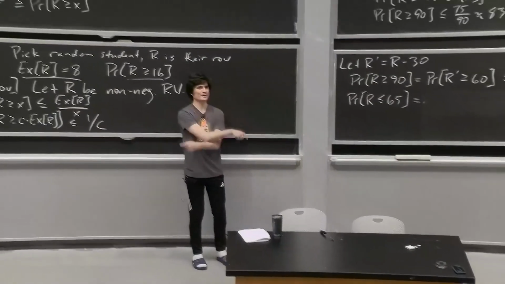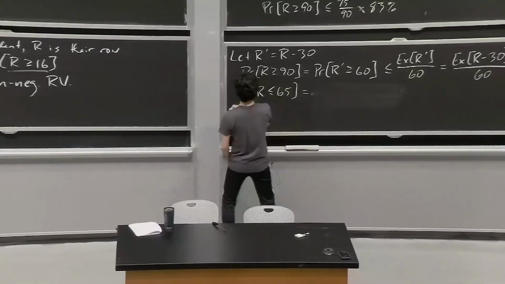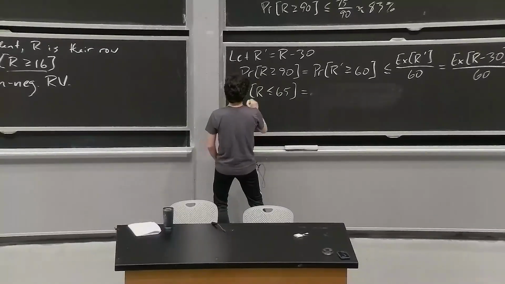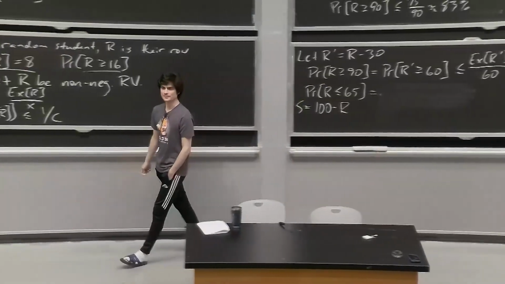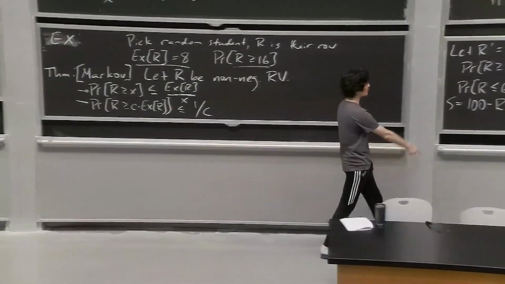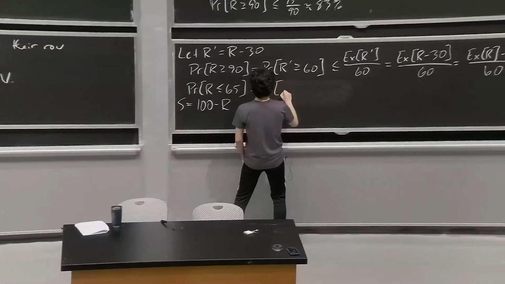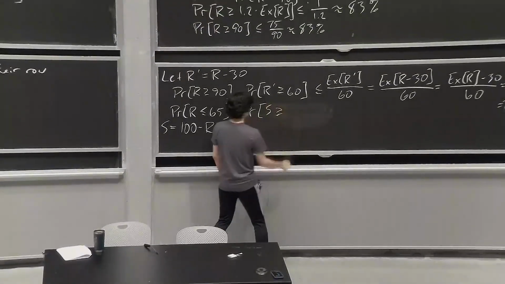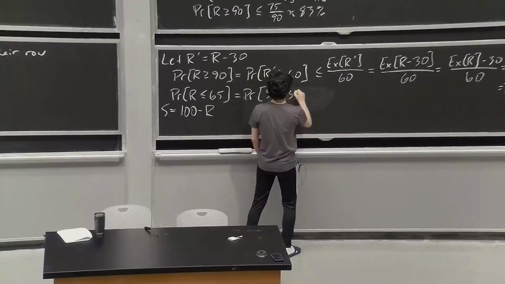So we're going to flip R. We're going to define a new random variable, let's say S equals 100 minus R. So now the probability that R is at most 65 is the probability that S is at least 100 minus 65, 35?